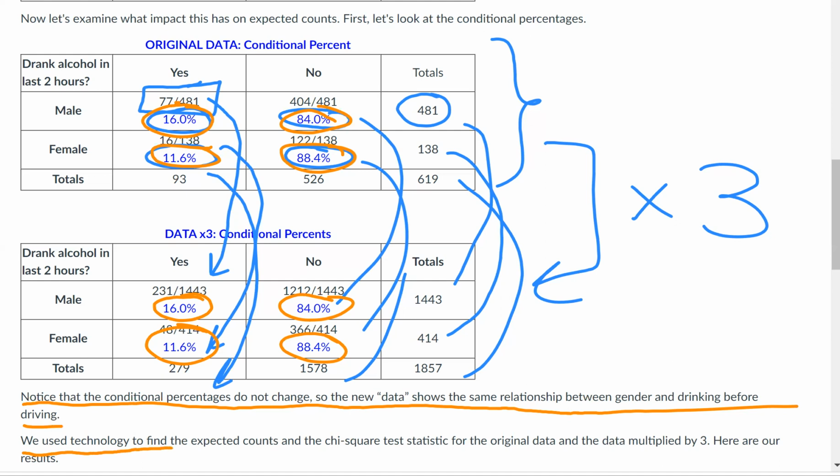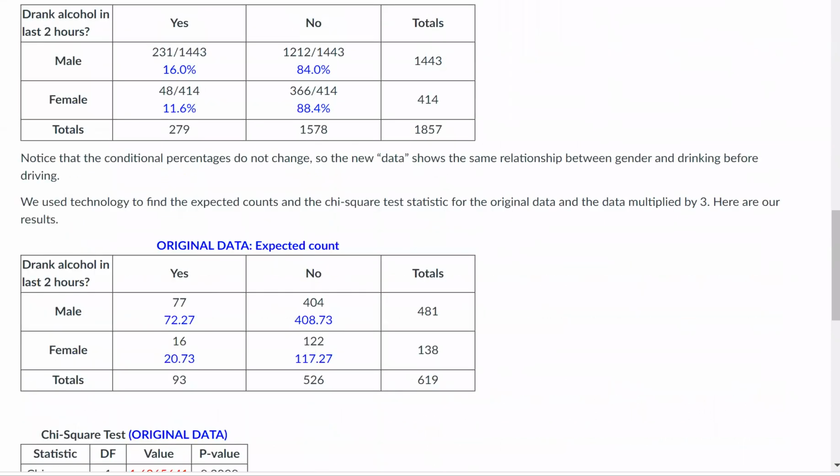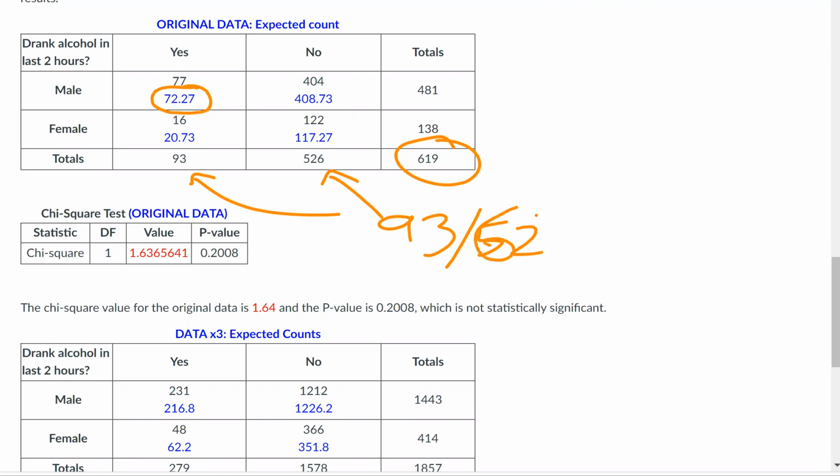We use technology to find the expected counts and the chi-square test statistic for the original data, and the data multiplied by 3. So here are our results. We do all this with technology, of course. So the original data, before I multiplied by 3, this is our expected counts, okay? Because we expect the same, whatever this percentage is, 93 out of 619 is some percent.